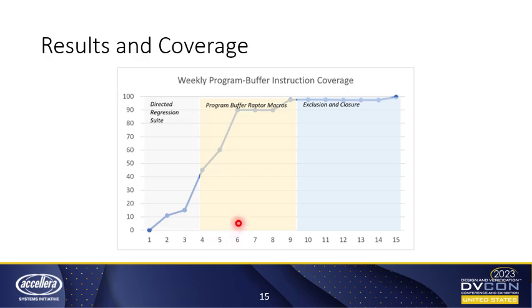Then we took 5 weeks to run Raptor and generated a huge amount of different scenarios. This helped us increase the coverage to 99%. In the end, we spent 6 weeks fixing random test case generator bugs and 2 issues, doing exclusion and closure, and finally achieved 100% coverage.